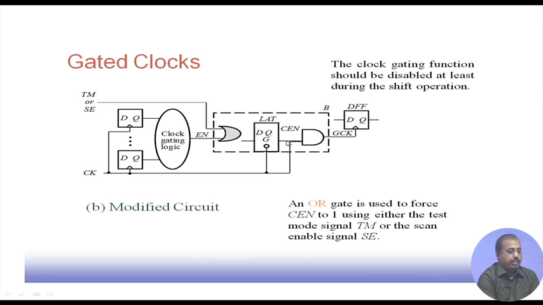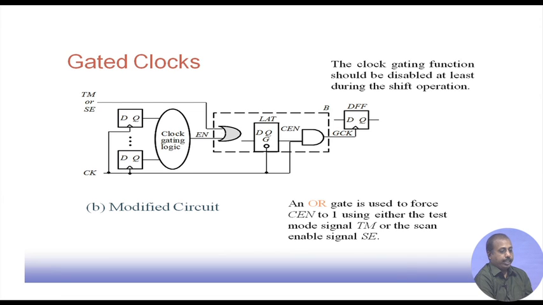As a result, this CEN output of this flip flop will definitely be 1. So, this AND gate will pass the clock so that the clock enable line is high. So, this flip flop will always get the clock if this TM or AC is high. In the test mode, whatever this clock gating logic computes is getting overwritten by this TM or AC signals.